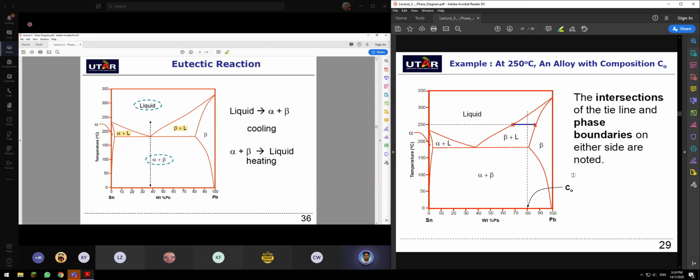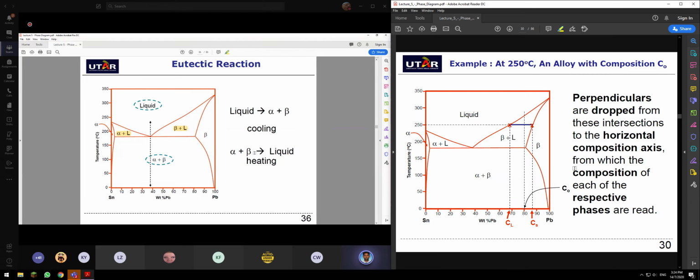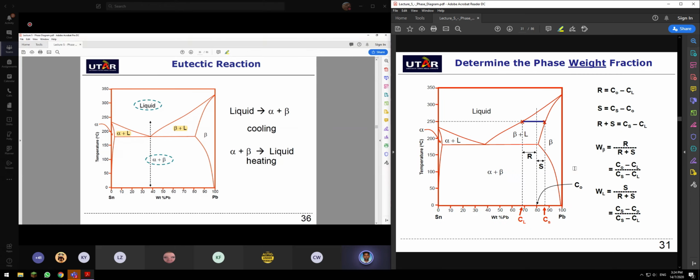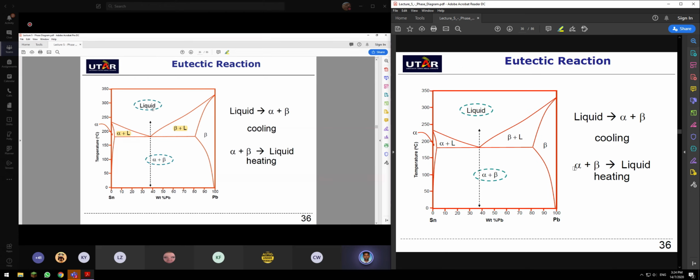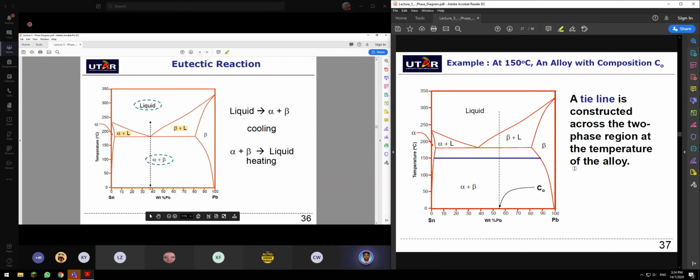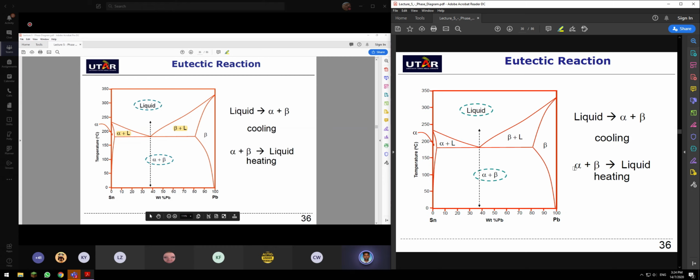Liquid to alpha plus beta is cooling, from solid to liquid is heating. So from here to here is cooling, from here to here is heating, if your composition is perfectly aligned to the eutectic point.